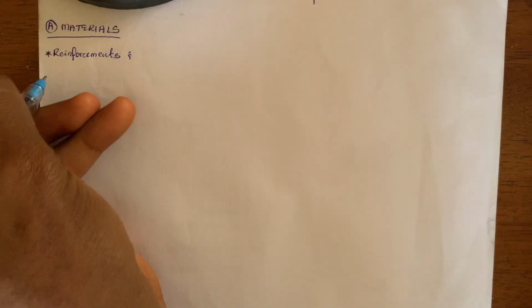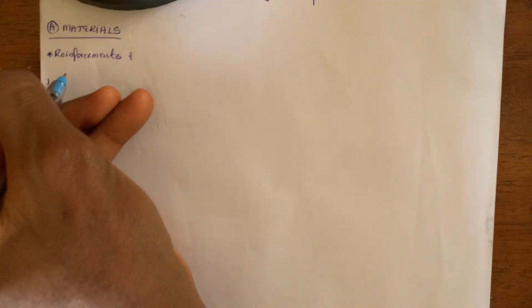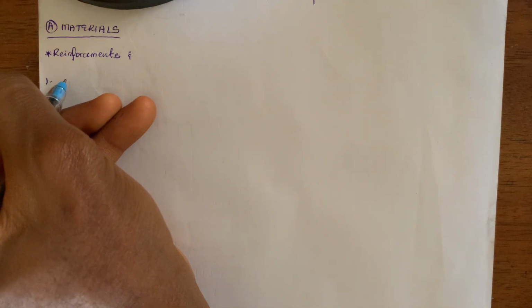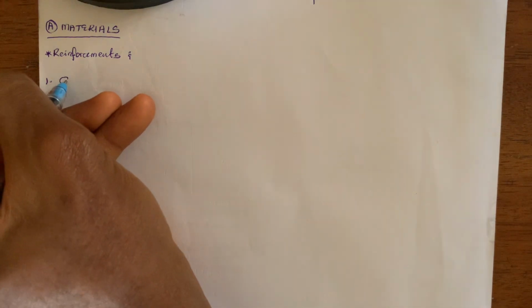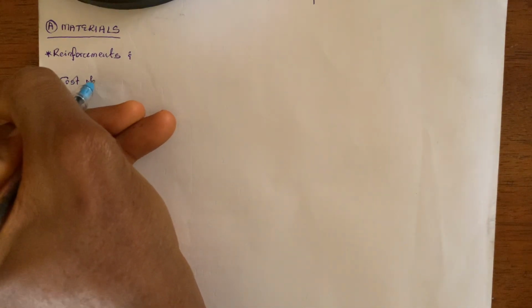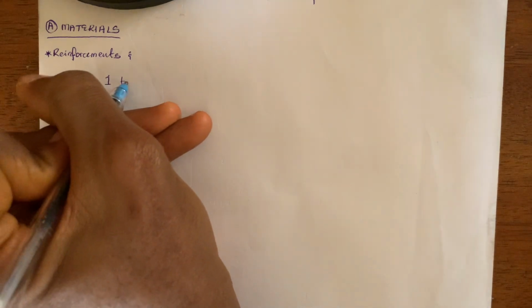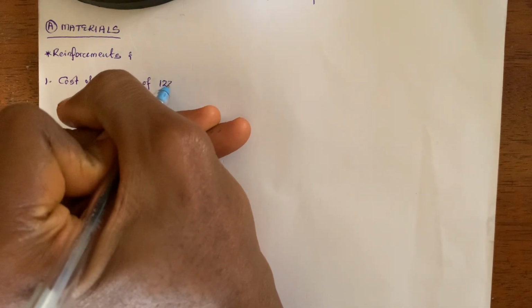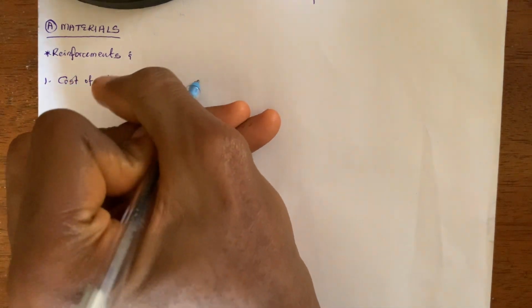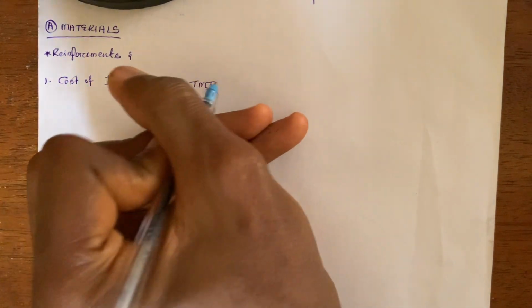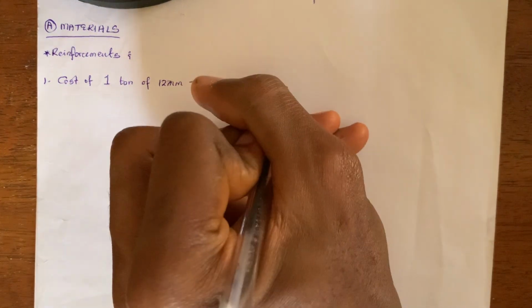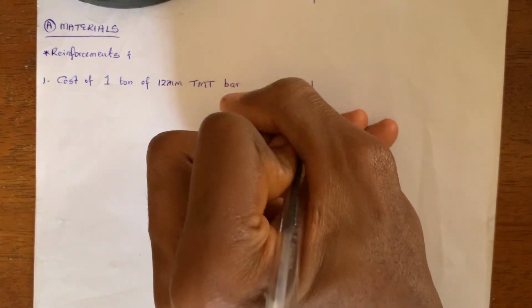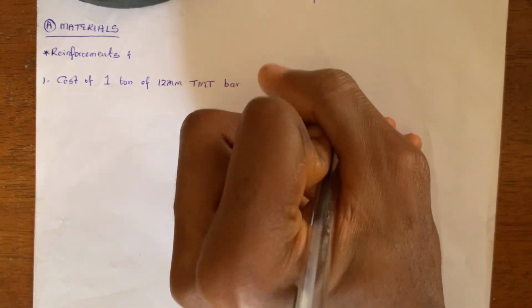For reinforcement, we know that the cost of 1 ton of 12 mm TMT bar is equal to 1,010,000 naira.